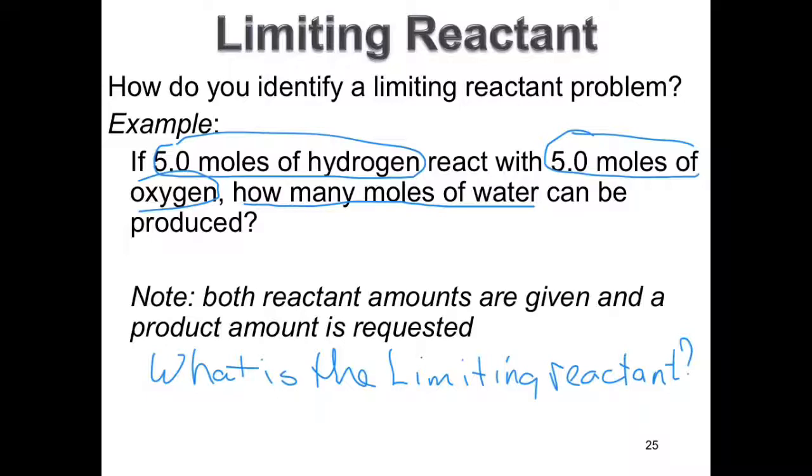Or if you have two reactants and it says that one of the reactants is in excess, that's a problem wherein the other is the limiting reactant, and you don't have to worry about having a limiting reactant problem, because the excess reactant is already identified for you.